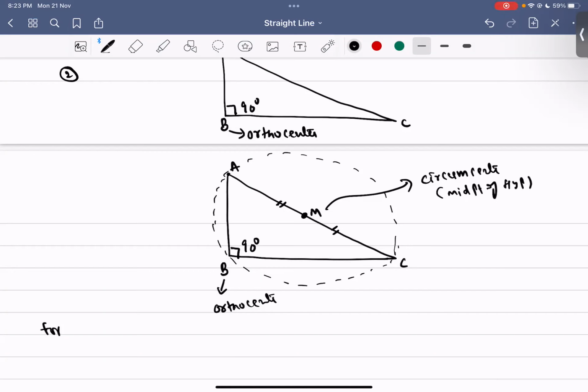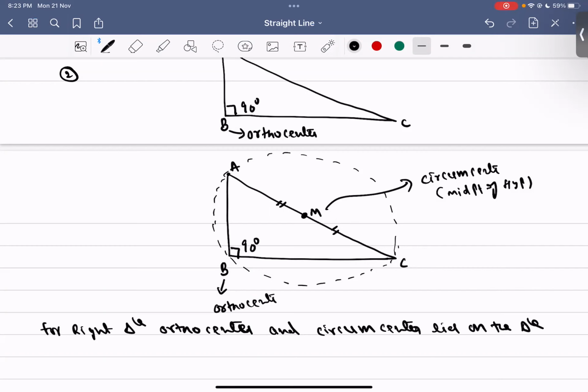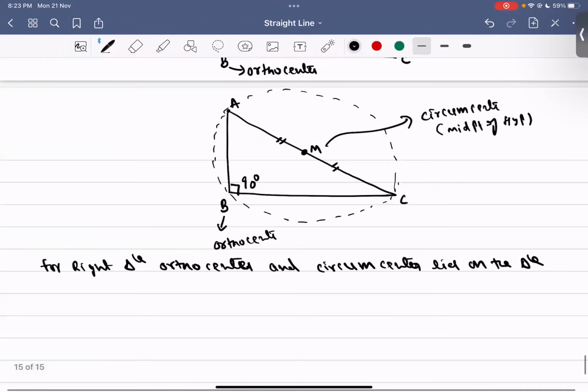Next, for a right triangle, the orthocenter and circumcenter lie on the triangle. Yes or no? Orthocenter and circumcenter are on the triangle.